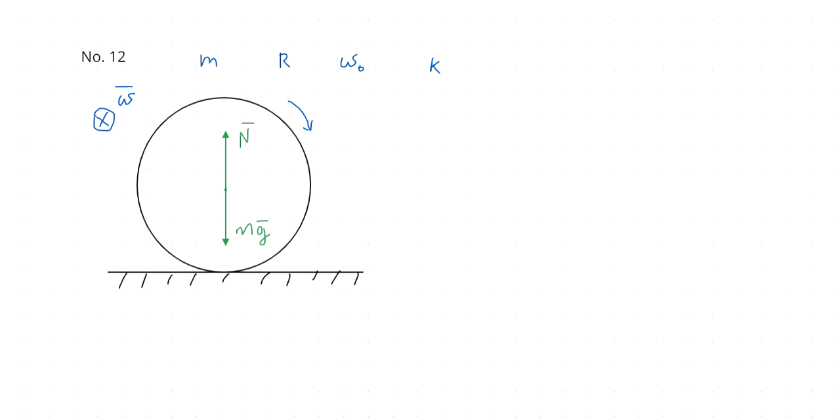It's a pity. The force of friction always tries to prevent slipping in the system. So the direction of the force of friction is opposite to the direction of slipping.